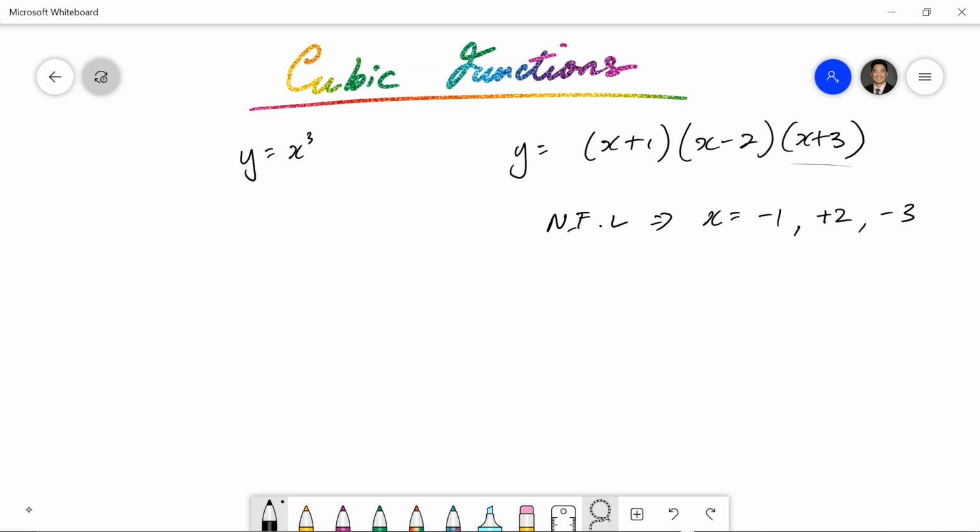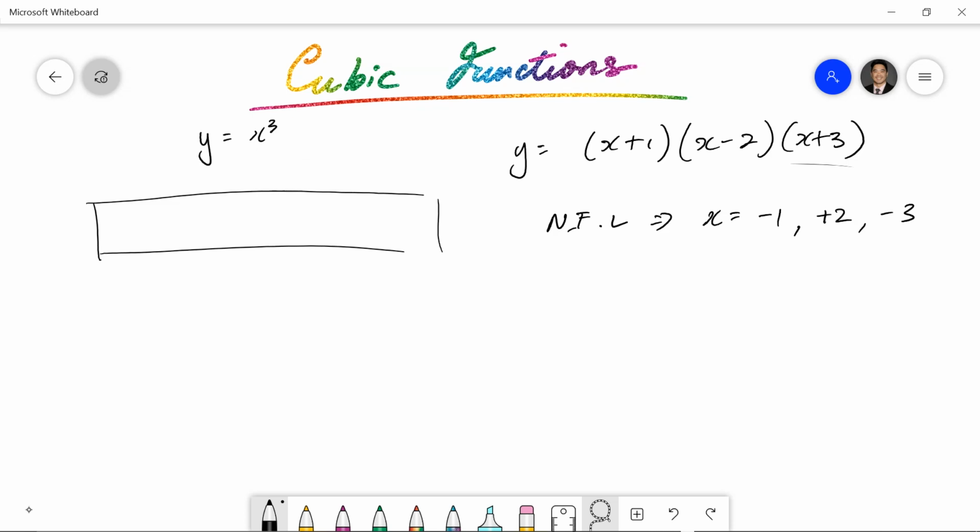I'm going to revert to another program to highlight what cubic functions can look like, but I just want to go straight into a table and sketch some points and see where it goes from there. All right, so let's draw up a table for the graph of y is equal to x cubed minus 1.